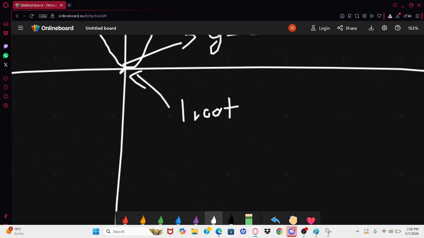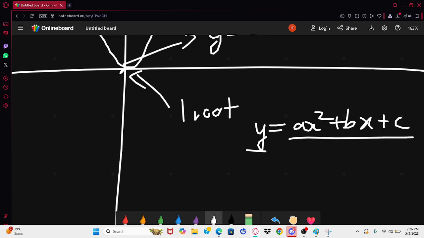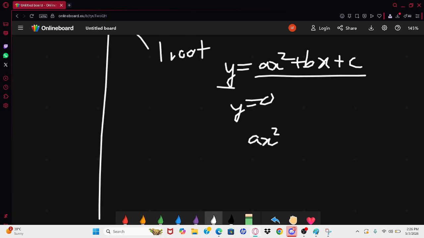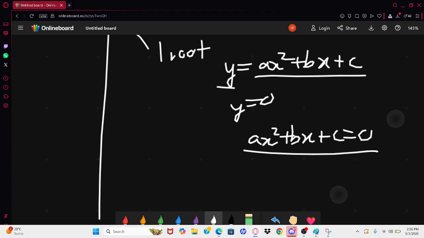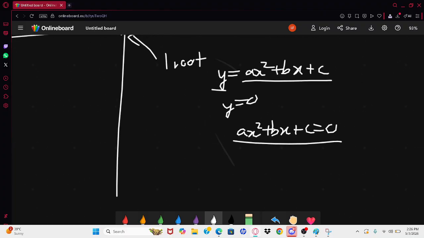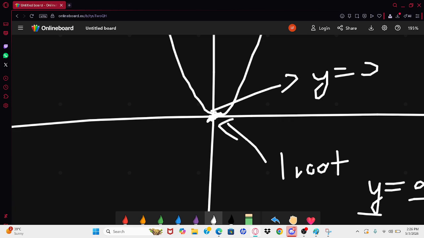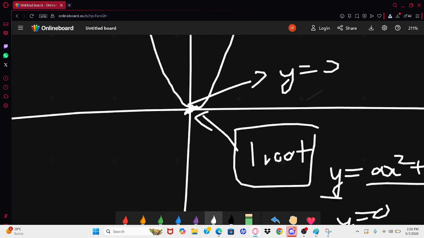So when we set this quadratic expression equal to 0, we set y equals 0, and we get ax squared plus bx plus c equals 0. That means we're directly substituting y as 0. So when the quadratic graph or the parabola touches the x-axis at one point, you have exactly one root.